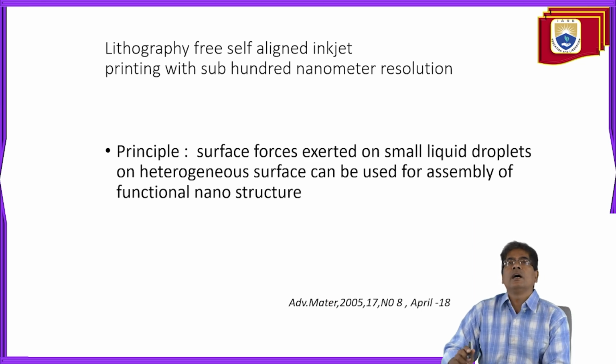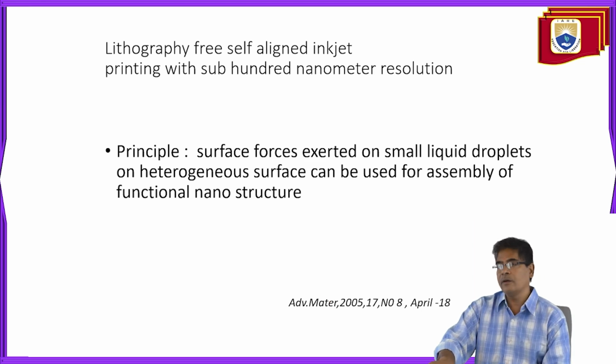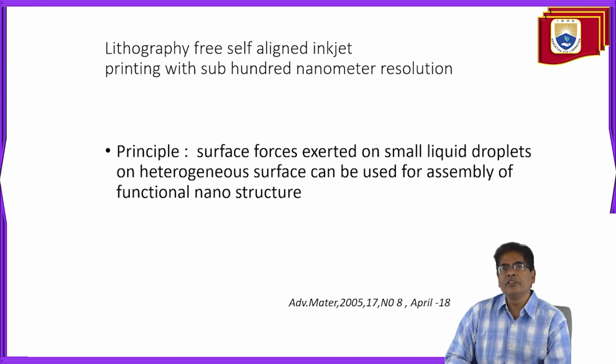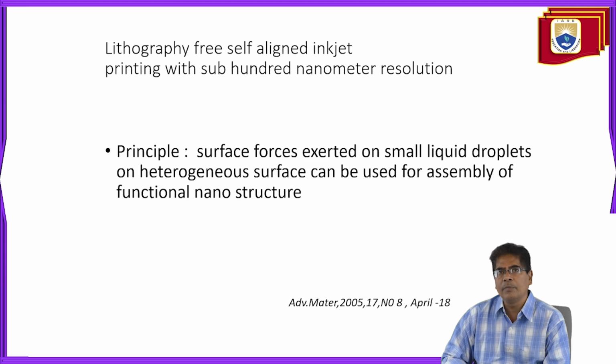Lithography-free self-aligned inkjet printing with sub 100 nanometer resolution. The principle is that surface forces exerted on small liquid droplets on a heterogeneous surface can be used for assembly of functional nanostructures.